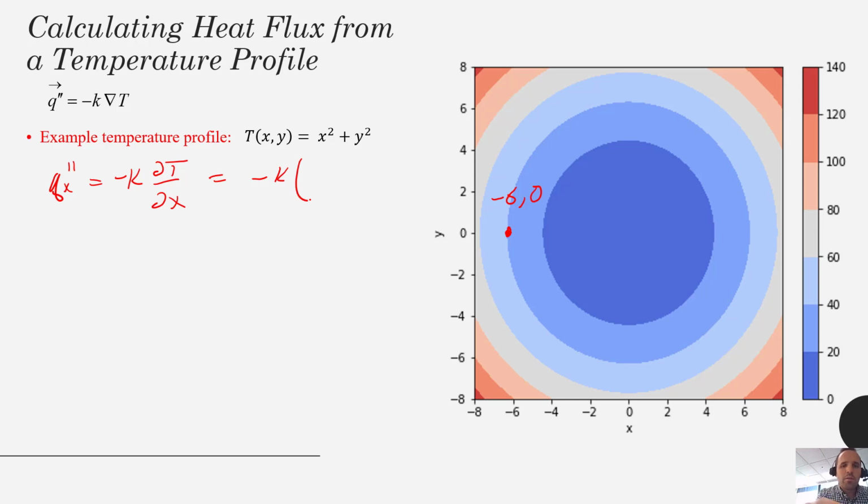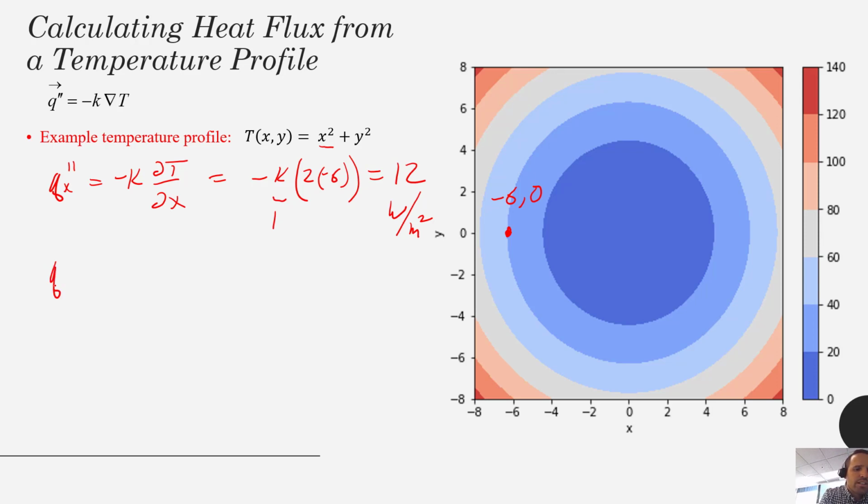So minus, remember our derivative was 2 times x, so we're going to have 2 times -6. When we do all the math and plug in that k equals 1, we get -12, and then we negate that again, and we get 12. So our flux in the x direction is 12 watts per meter squared.